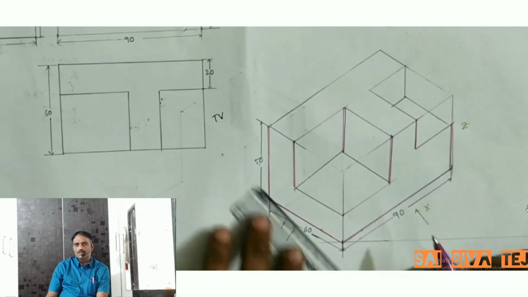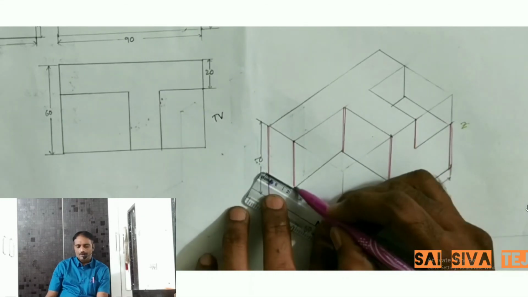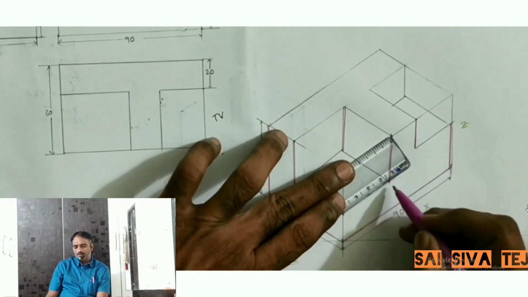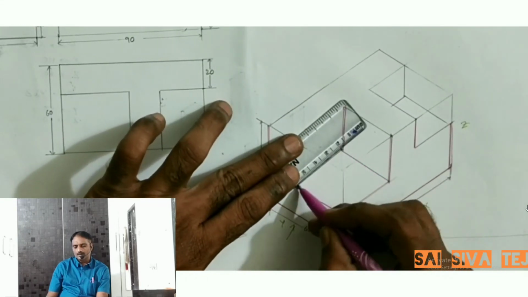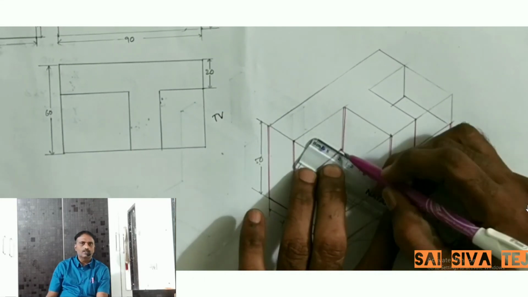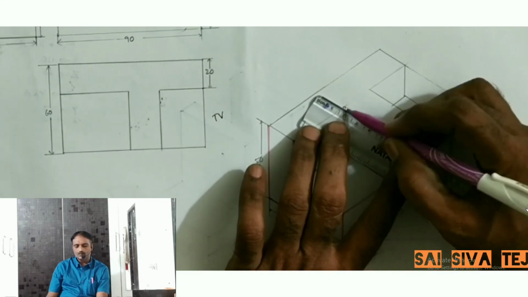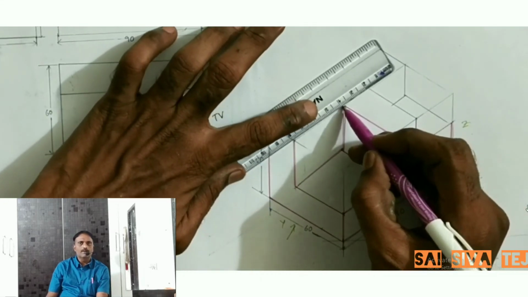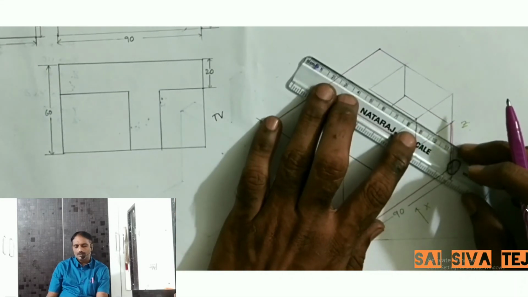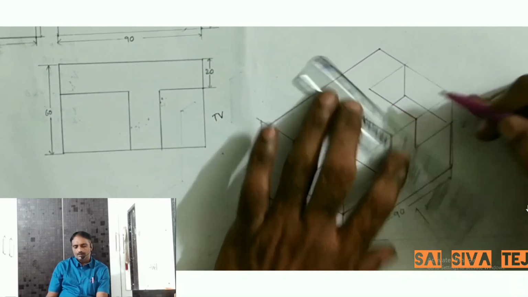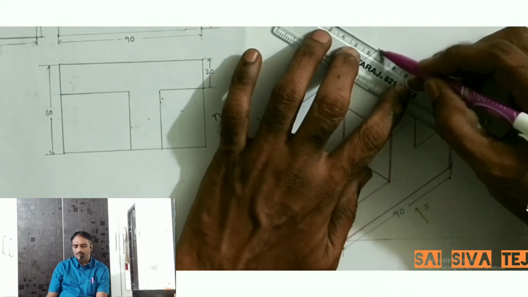Once the solid has been developed completely, in order to have the checkup, we can go for the orthographic projections of the solid that we have developed. If those projections are going to be tallied with the given projections in the question, then the solid that we have developed is proper.